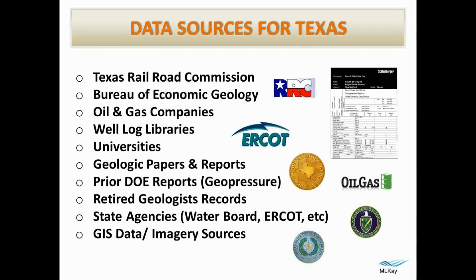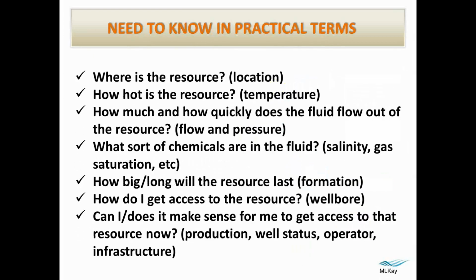Oil and gas companies, log libraries, papers. So we've basically gone through a tremendous amount of varying resources over the years and pooled as much relevant data as we can to answer these questions that I just said. And so I think the key is going to be answering these questions.